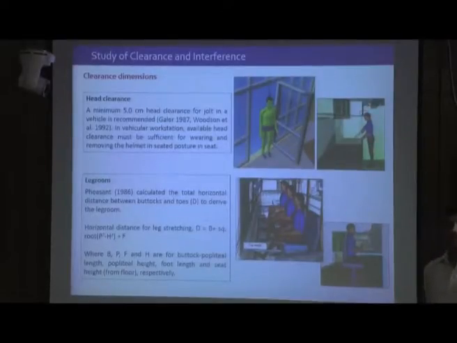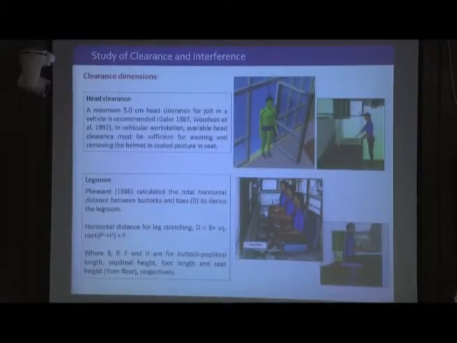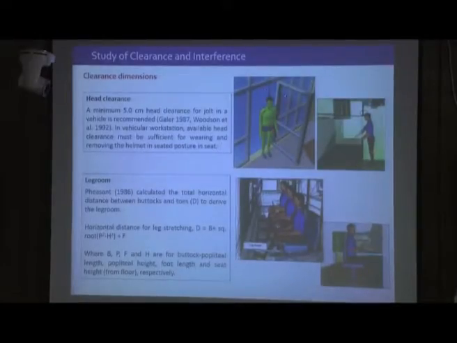Moreover, it is better if we can provide additional clearance space. In a vehicular workstation, the available head clearance must be sufficient for wearing and removing a helmet in seated posture. Here two examples are given. If this is a door, how can we evaluate whether its height is sufficient? We can visually inspect the dimension by positioning a digital human model of the intended user population.